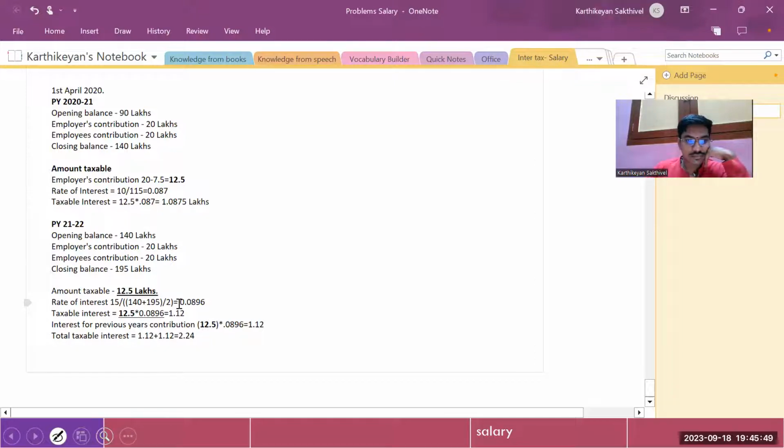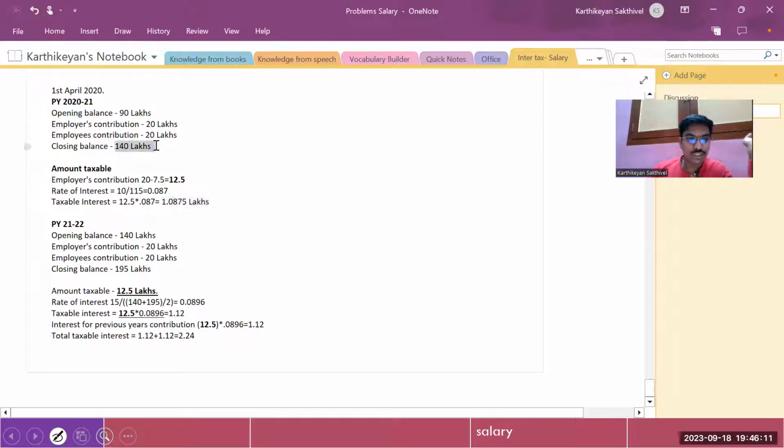சார் ப்ரீவியஸ் இயர் 12.5 ஓட இன்ட்ரெஸ்ட் வந்து 1.0875 தானே சார்? ஆமாமா, அது போன வருஷம் டாக்ஸ் கட்டிட்ட. ப்ரீவியஸ் இயர் 2021ல 12.5 இன்ட்ரெஸ்ட் 1.0875. ஓகே, அது அந்த வருஷமே உங்க கைக்கு வந்துருச்சு.